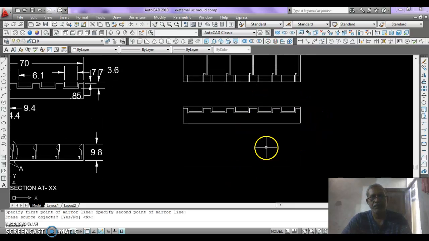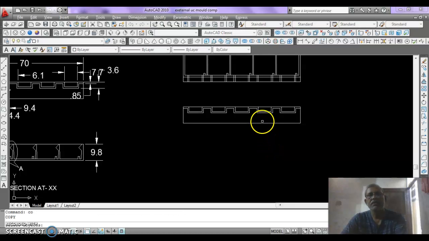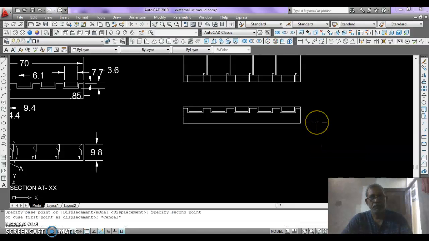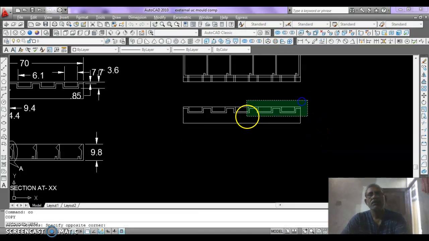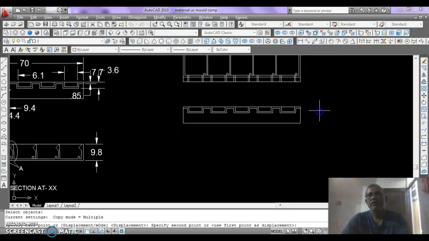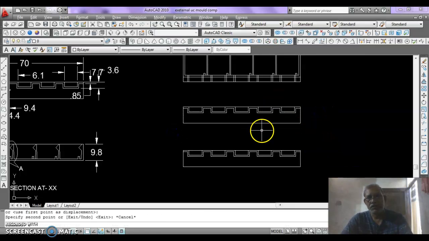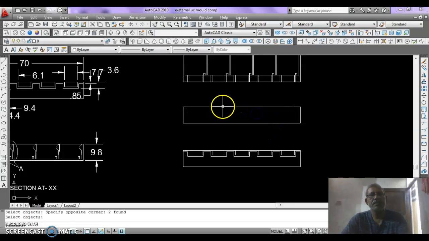We can copy this rectangle downward, and then erase this.